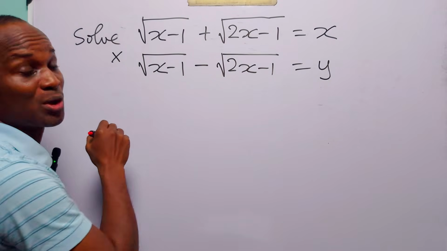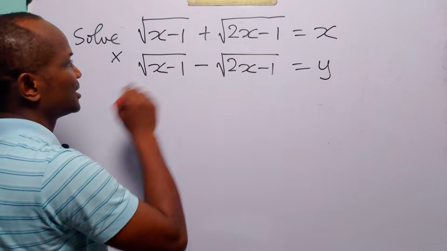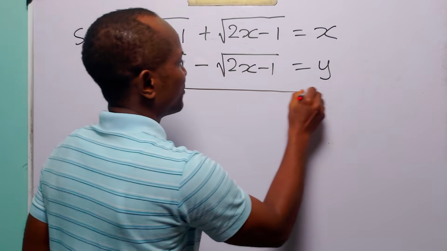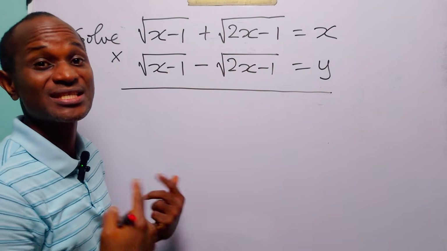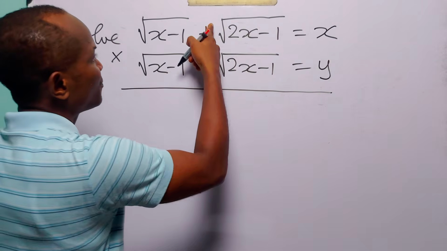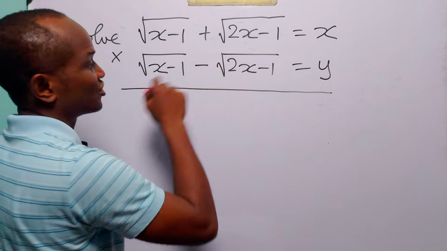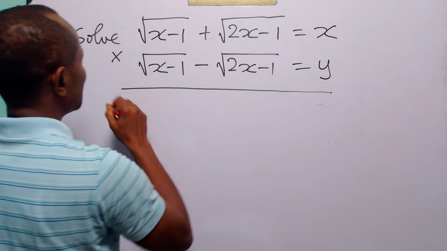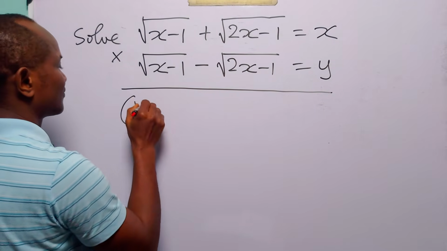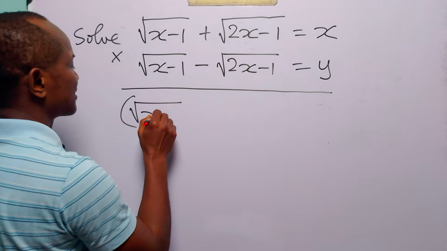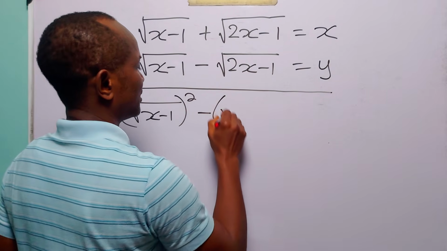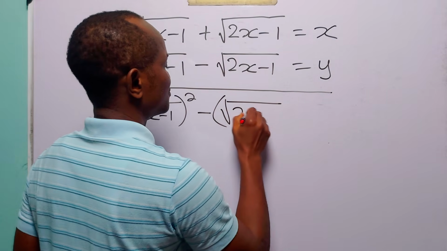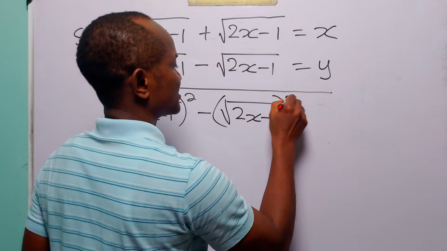To do that, let us multiply these two equations. Now, remember that when we multiply conjugates, we get the difference of two squares. So when we multiply these two expressions on the left-hand side, we have the square root of x minus 1 squared minus the square root of 2x minus 1 squared.